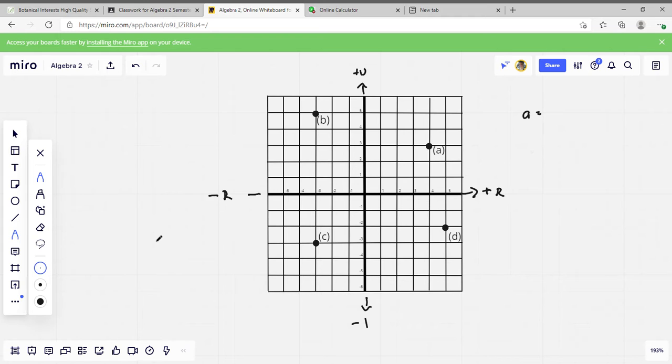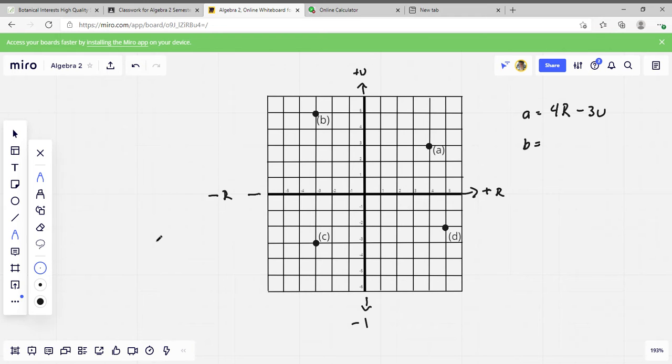So that would be 4R, and I've gone up 3 spaces, so 3U.